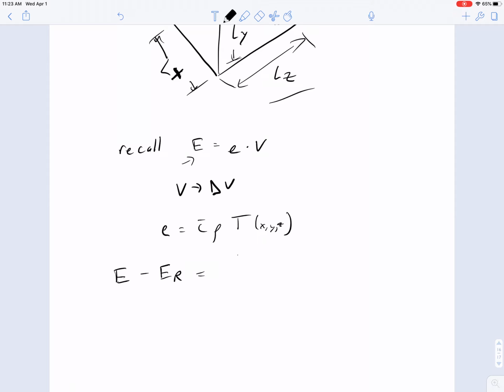And so this becomes an integral over the entire domain, omega, of E d omega in general for 3 dimensions, minus the integral over all of omega of the reference energy density d omega.